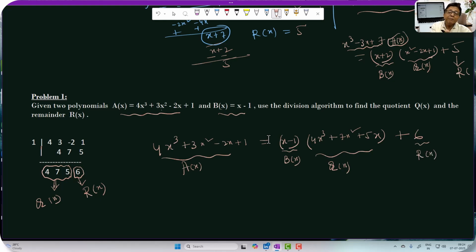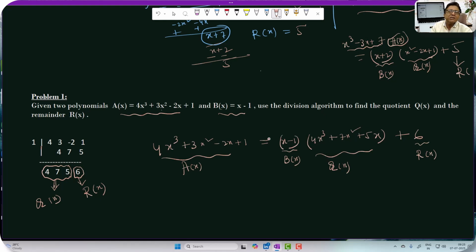This method, believe me, is very useful. Not only in polynomial but in case of theory of equation, which is going to be our next topic. So, synthetic division is this simple one for dividing a polynomial by another polynomial. I have taken a first degree polynomial, this is cubic polynomial.